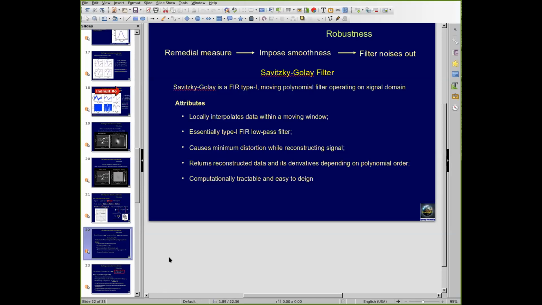One was working at the university, and Golay was working with a drug laboratory. Anyway, this filter is a pretty old development, but many people don't know it.